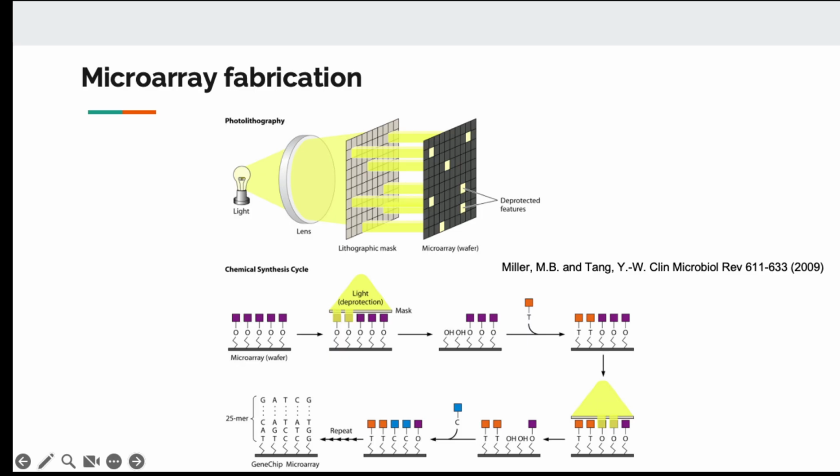So just for your curiosity, there are many ways that we can manufacture a microarray to have the nucleotide sequence that we want.